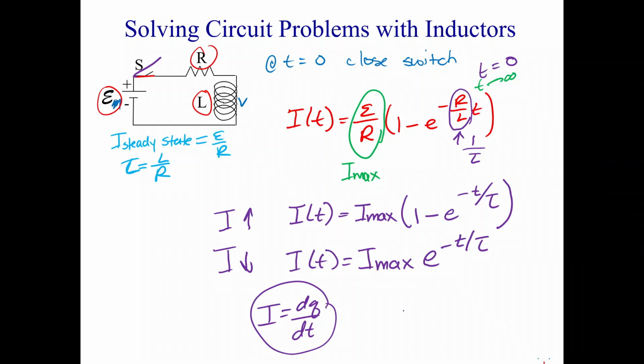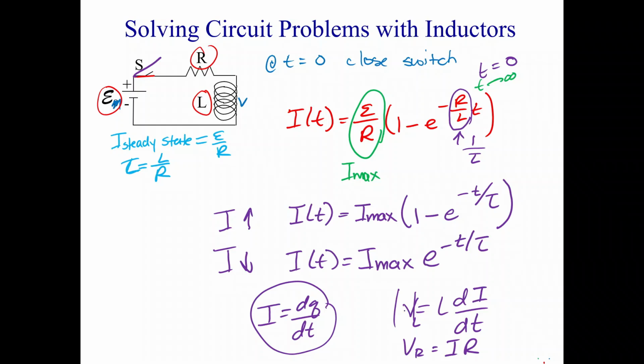If I wanted to find the voltage across my inductor, that's just going to be L di dt. Sorry, the magnitude is going to be L di dt. The voltage of the resistor is I times R. So you could plug your I of t into Ohm's law to find the voltage drop across the resistor over time.